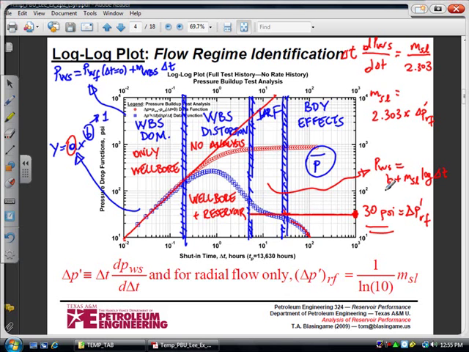And here, our equation is delta p is equal to m_wellbore storage times delta t.